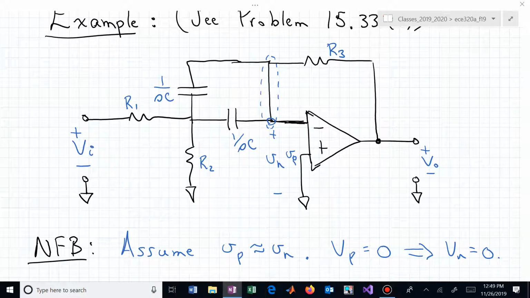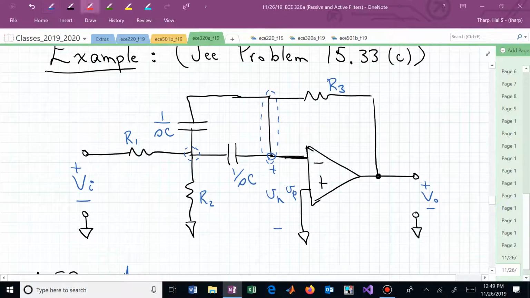That's now the same node, and we also have that node as well. Let's call that node 1, and we'll just call this voltage V sub 1.